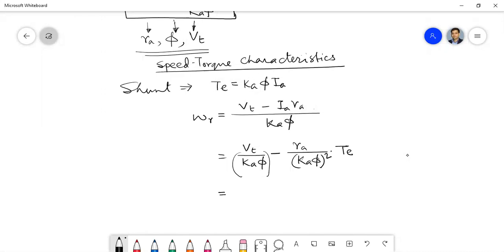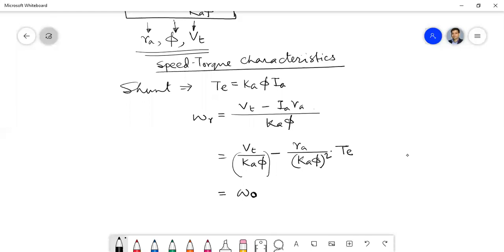Okay, that means the speed, isn't it? This is another speed. And that speed we generally get if no torque is required, or the machine doesn't develop any torque. Therefore, it is referred to as the no load speed.